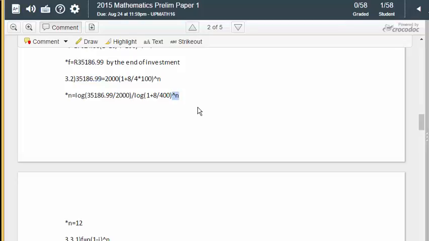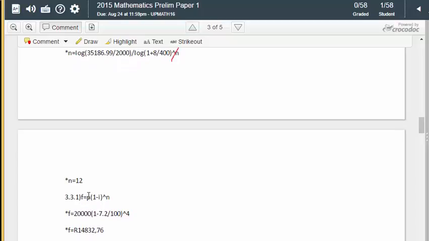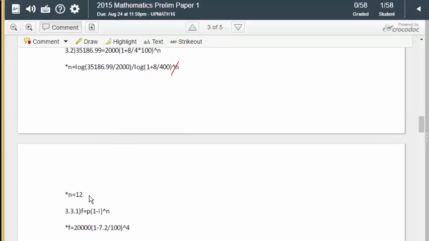That to the power of N is not right. I can't think that this answer that you got here is correct, but it should be. So N can definitely not be 12. That's impossible. From this answer, N is not 12. Maybe the number of years after you divide it might be 12. Unlikely, but maybe. Okay, I'm not going to do that, but you saw now how I did it.